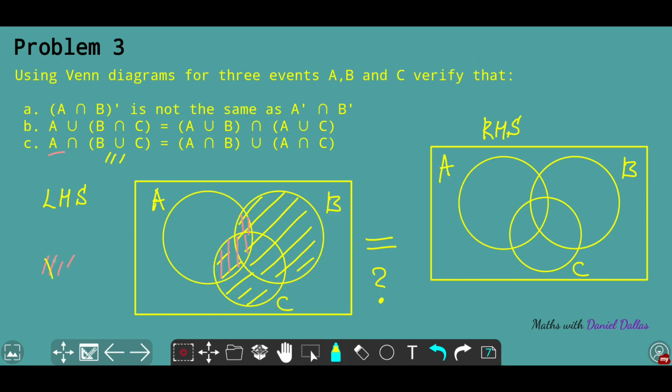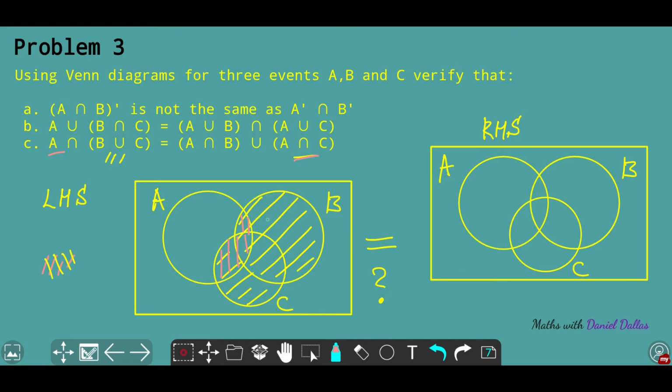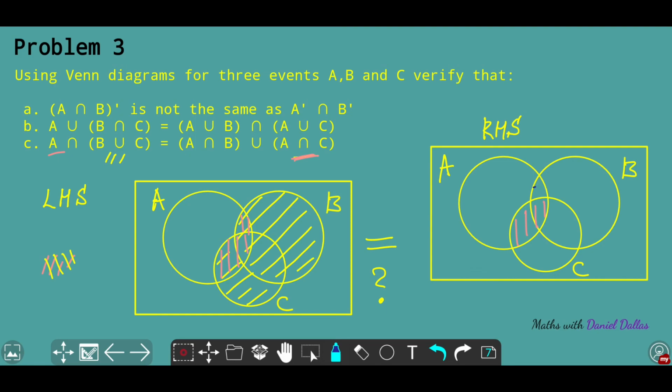So this is the left hand side. What about the right hand side? A union C, let's combine that. Sorry, A intersect with C, it's only the common part of A and C. While A and B, it's the common part for A and B, because it's again an intersection.